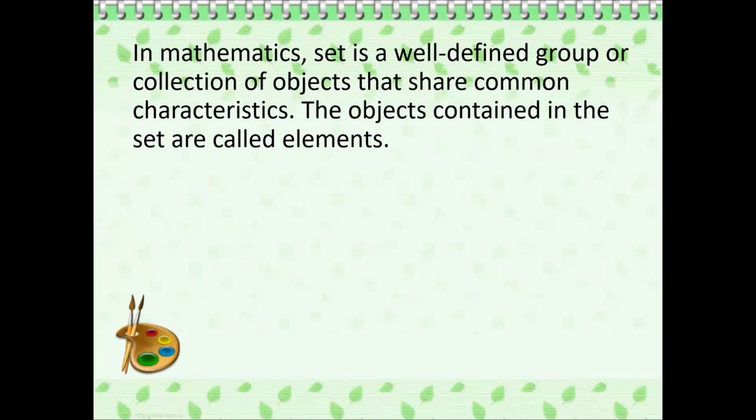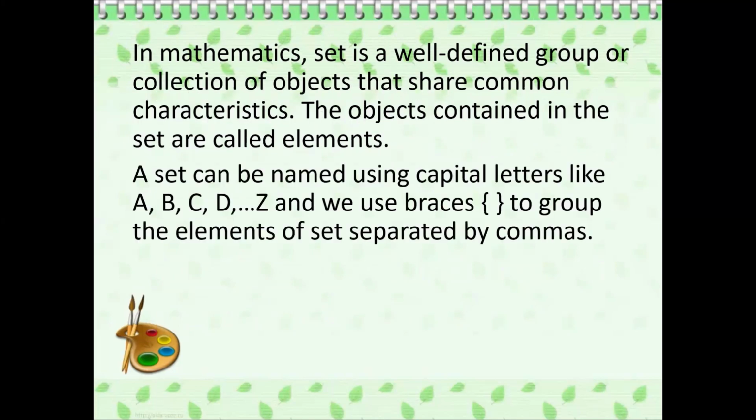In mathematics, a set is a well-defined group or collection of objects that share common characteristics, and the objects contained in the set are called elements. A set can be named using capital letters like set A, set B, set C, set D to set Z. We use braces to group the elements of a set, separated by commas.